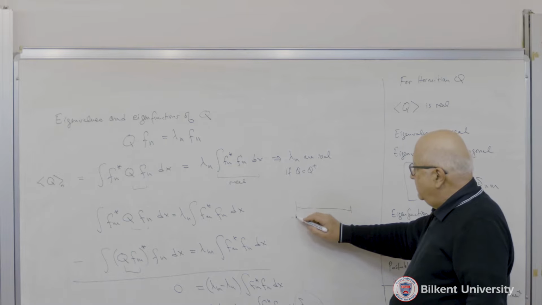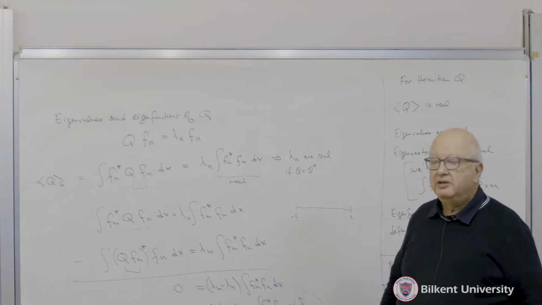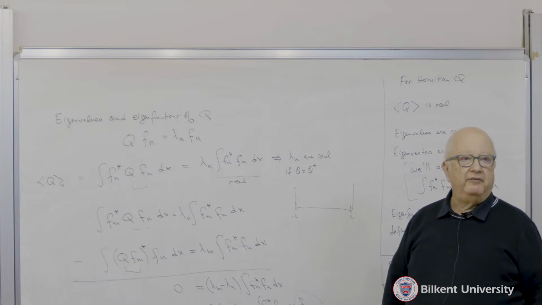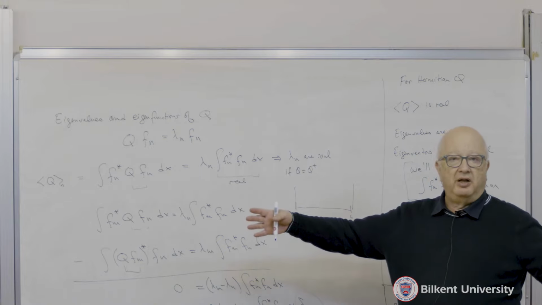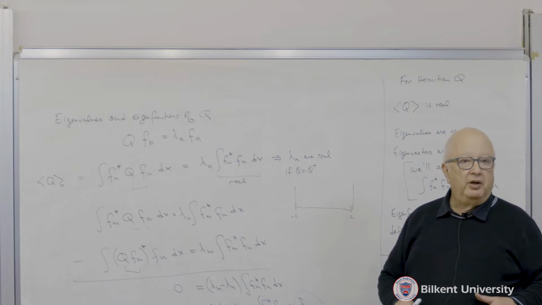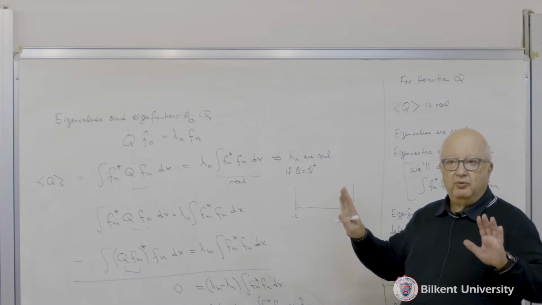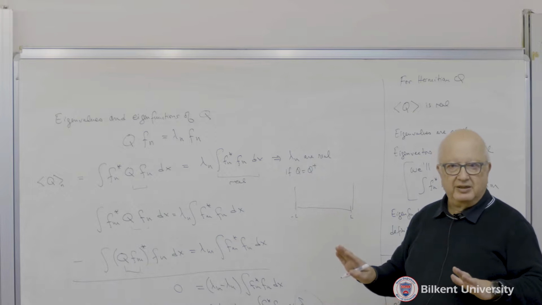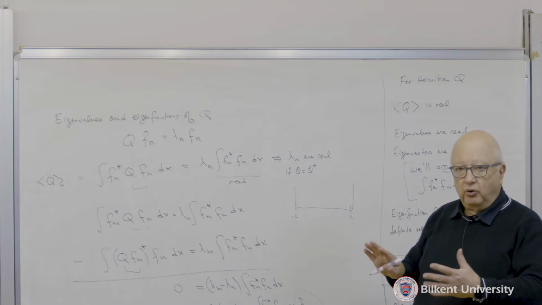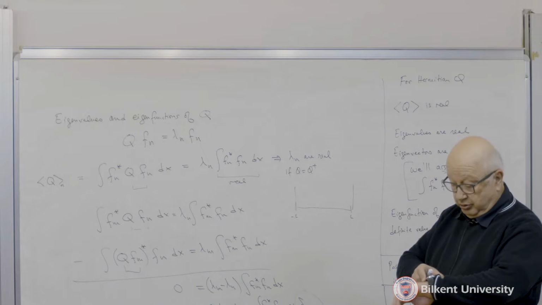You say my space extends from minus L to plus L. So assume that space is like a particle in a box type of thing, extending from minus L to plus L. In that case, obviously, all of these things work very nicely. And then you take the limit L going to infinity, and everything falls into place very nicely. So I'm not going to go into that detail, but I'll just talk about the results for the case when we have a continuous spectrum.